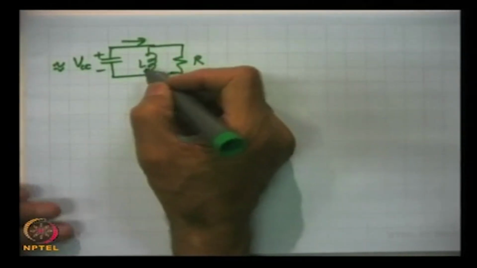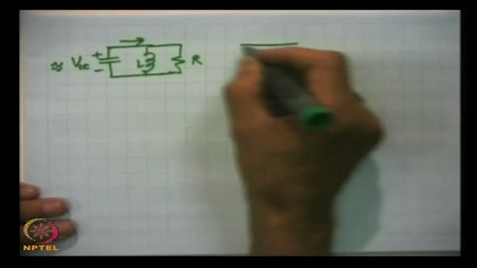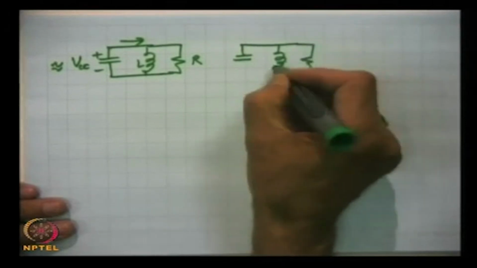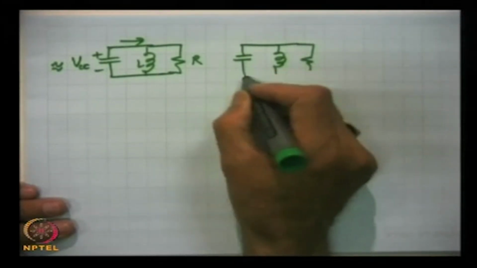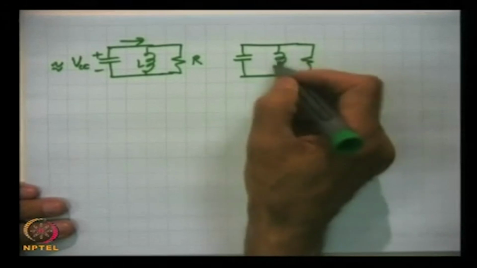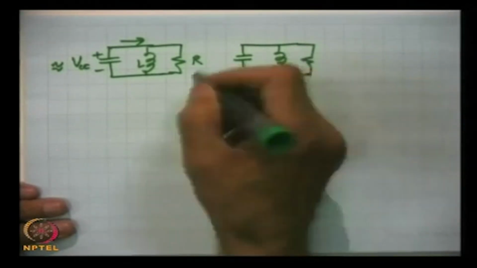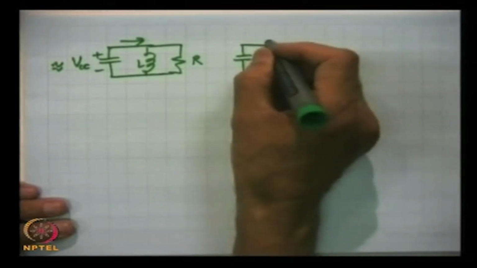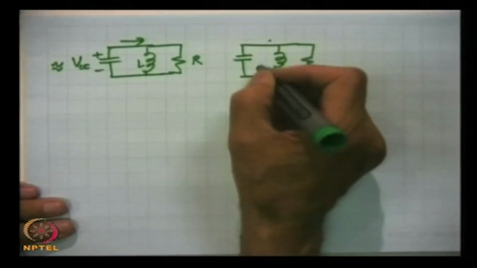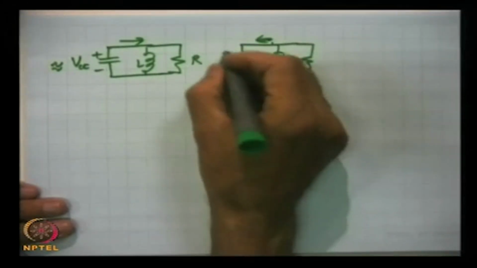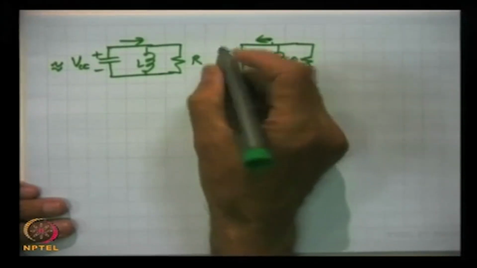Then the reverse process will start: the magnetic energy stored in the coil will be sending current in the opposite direction, and the capacitor will be charged with opposite polarity.